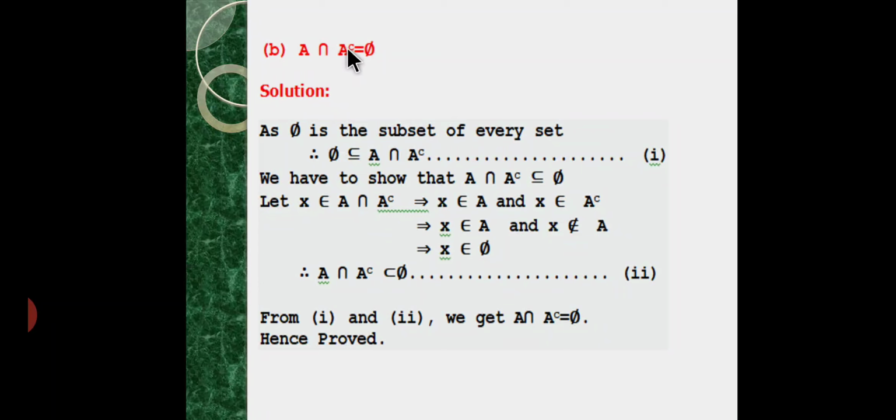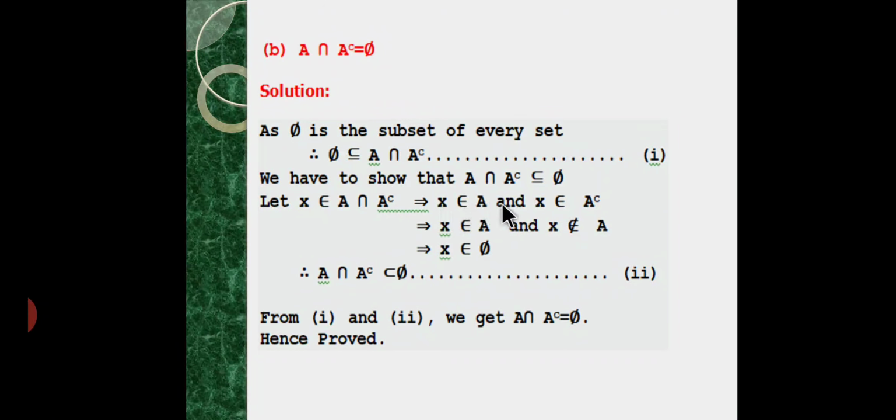So A intersection A complement is equal to phi. So phi is a subset of every set because it is the null set. Okay. So phi is a subset of A intersection A complement. So we have to prove A intersection A complement is a subset of phi. So let an element belong to A intersection A complement. So that can be explained like this.